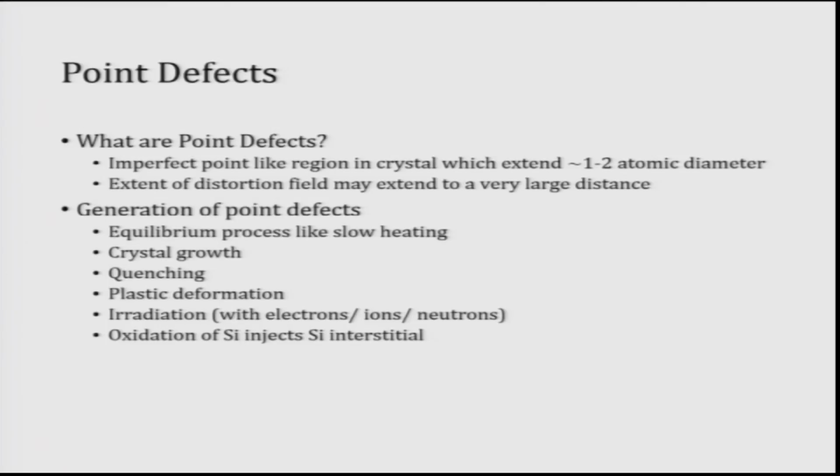Another source for generation of point defects is oxidation of silicon. Whenever oxidation of silicon takes place, some amount of silicon gets injected into interstitial sites. Similarly, whenever nitridation of silicon takes place, some amount of silicon vacancies are injected. So all these are processes by which defects are generated.